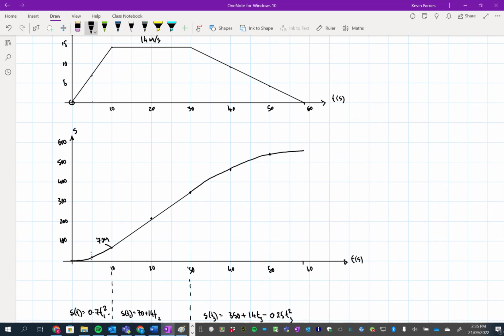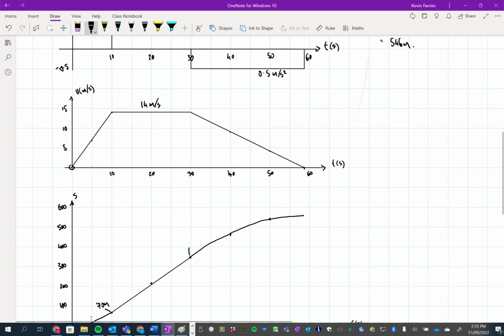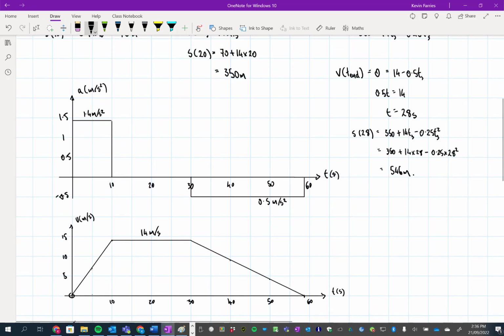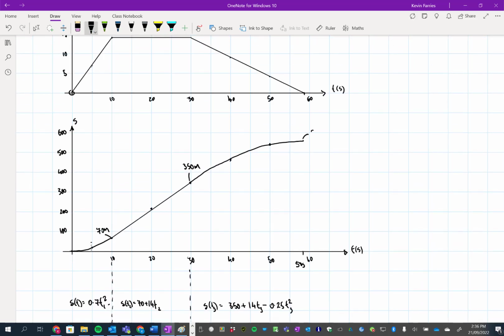And this here was 58 seconds, is where it ends. This value here at the end of that stage was 350 meters. And by the time you get to the end, you are at 546 meters. Okay, just so someone can check those results easily.